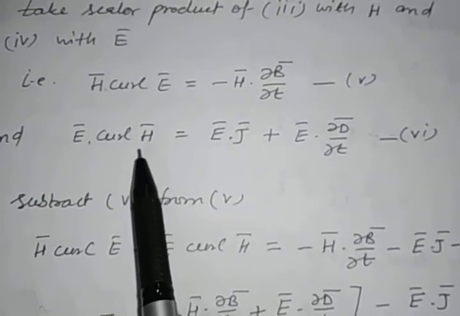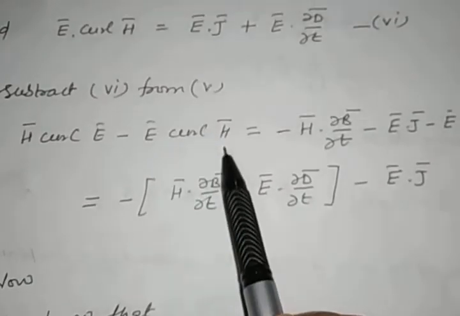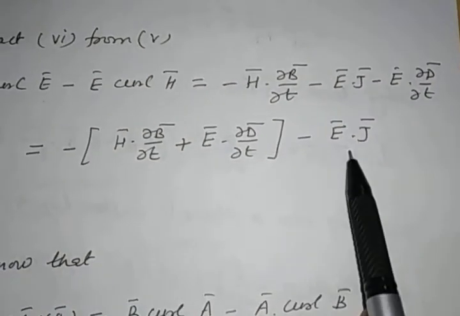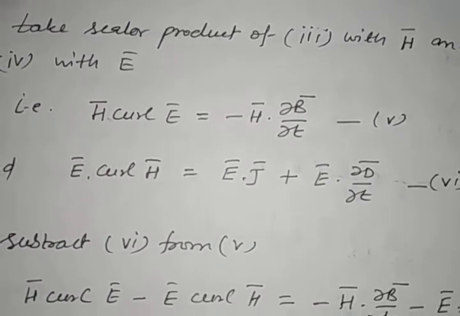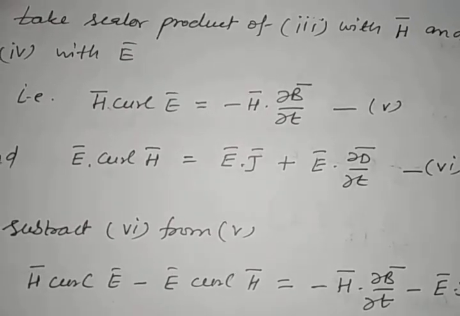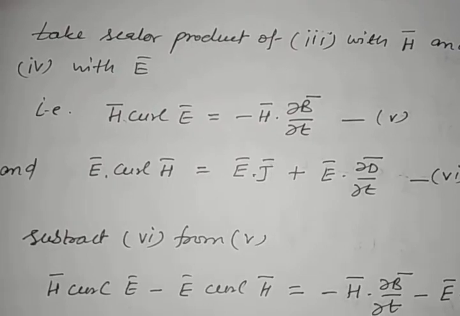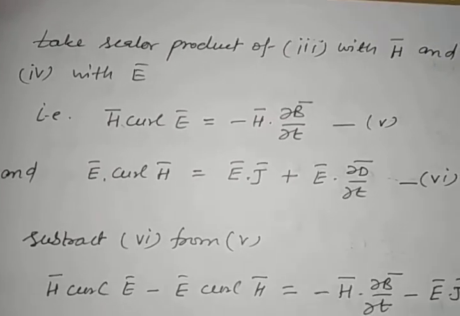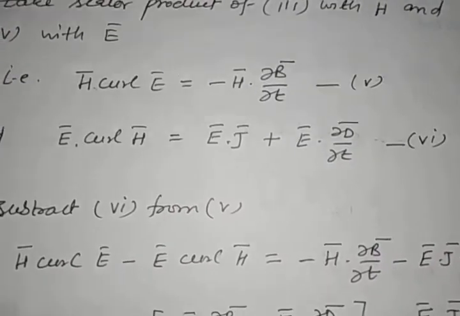Now if we subtract the second equation from the first, H dot curl E minus E dot curl H, we get this. You can remember the steps. First, write down the Maxwell equations. Second, take the scalar product of curl of E with H and curl of H with E. Third, subtract the second equation from the first.